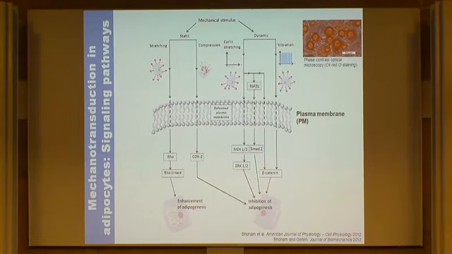These cascades can be activated by either static stretching or dynamic deformations, like cyclic deformations. What we have shown is that once you apply static deformations, and I'll get into the details of that, you can actually enhance the adipogenesis, the production of these lipid droplets.